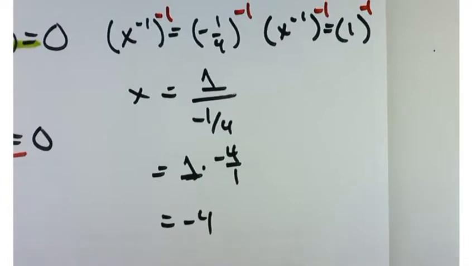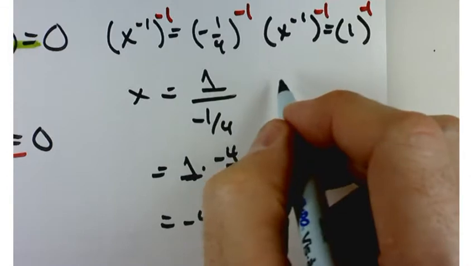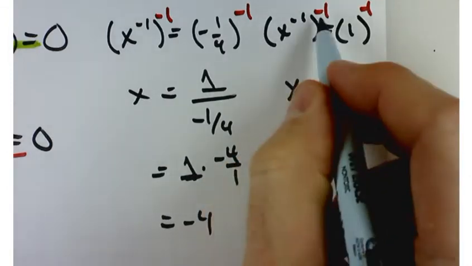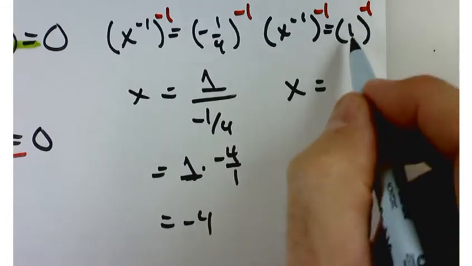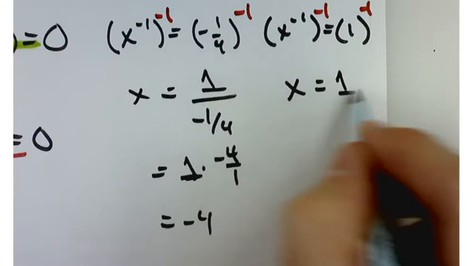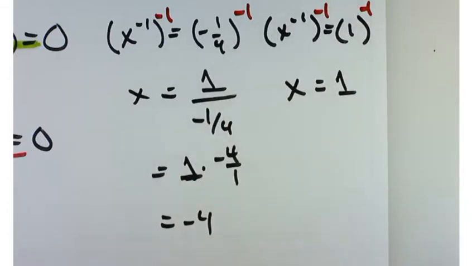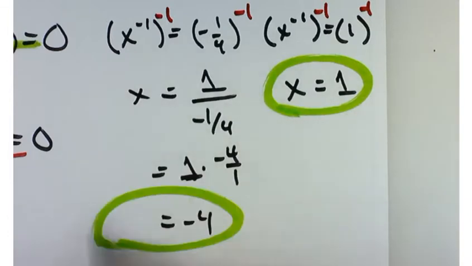So that's kind of the long way. We didn't necessarily need to go through all that. Over here, negative 1 times negative 1 is 1. What's the reciprocal of 1? 1. Yeah. So I get two solutions here: 1 and negative 4.